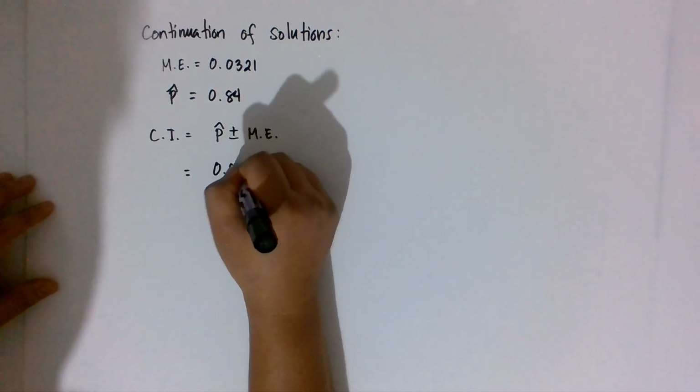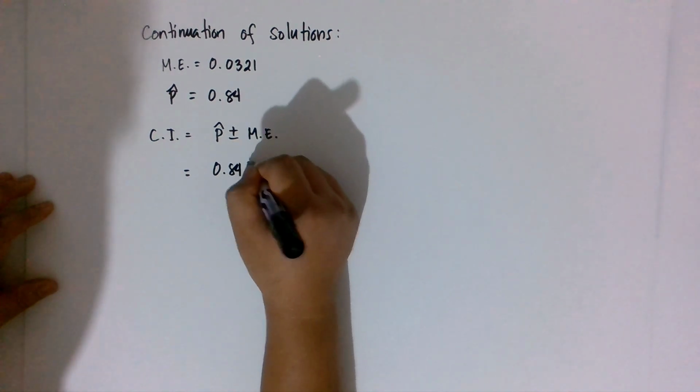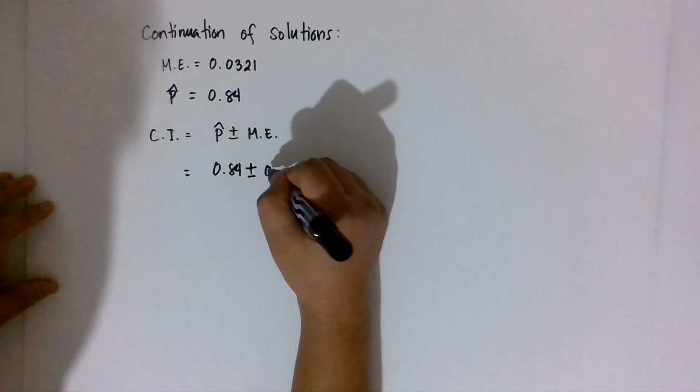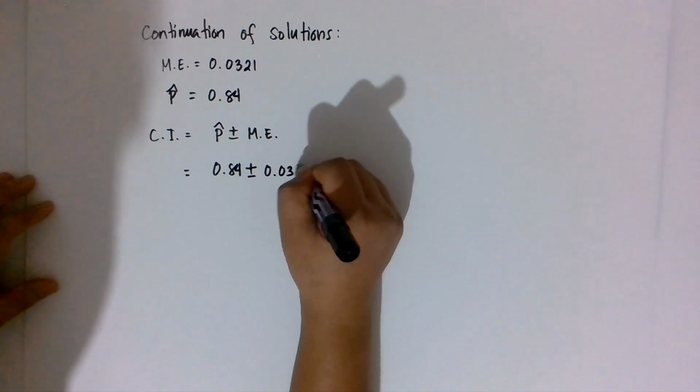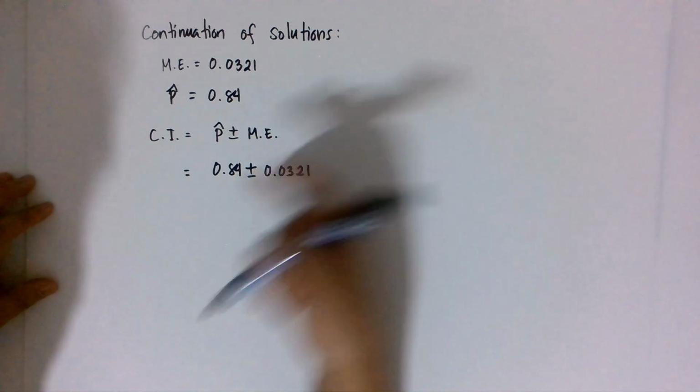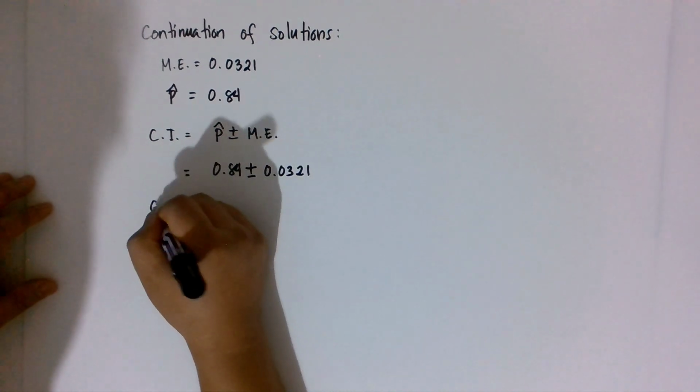So, ipapalit lang po natin. P hat is 0.84 plus and minus, and our margin error is 0.0321. Yan. Okay?